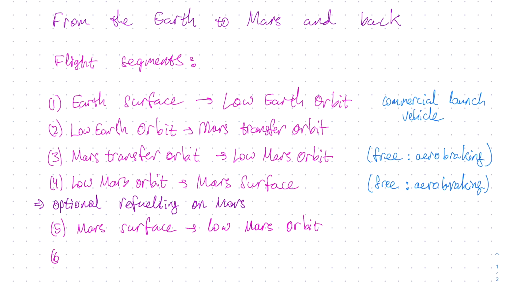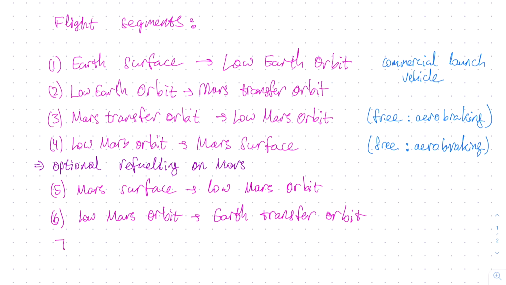The next engine firing involves taking the spacecraft from low Mars orbit and injecting it into the Earth transfer orbit. This step is very similar to step 2, which we will discuss in greater detail later in the video.